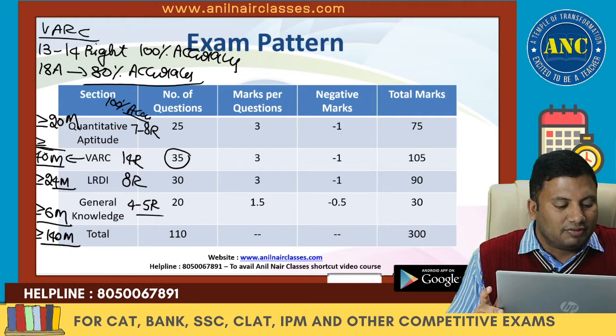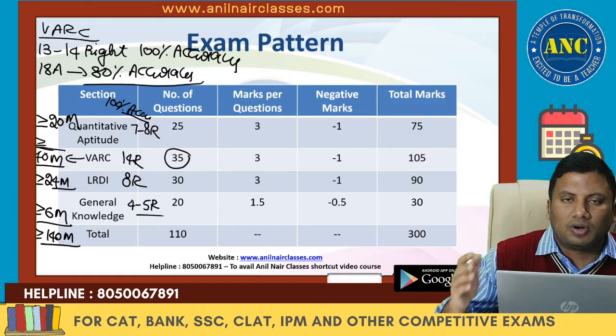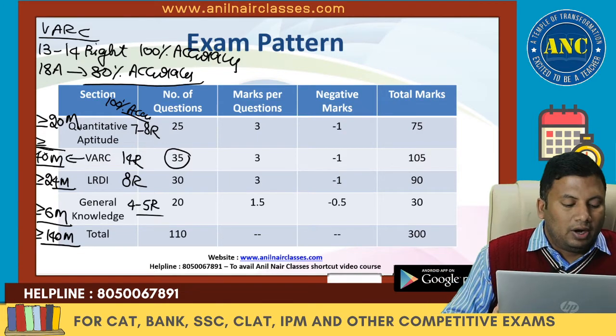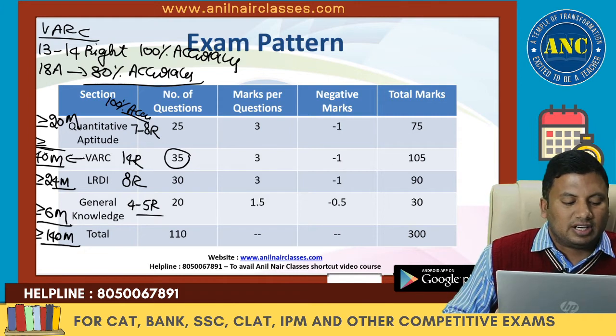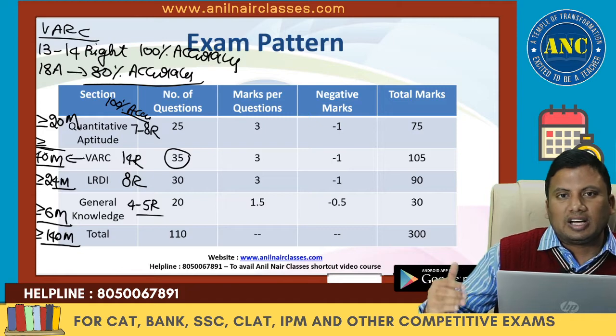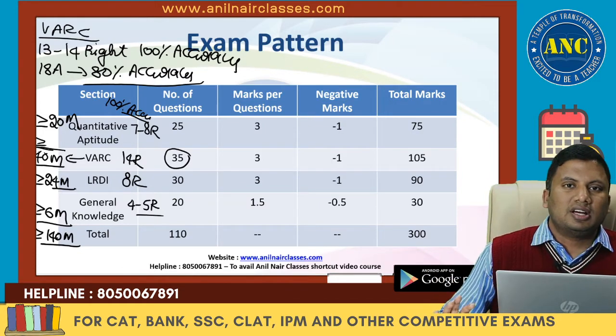If you increase your number of attempts, your accuracy may go down, but ensure that your number of attempts never goes below this, with 100% accuracy, or increase the number of attempts by 30-40% with 90% accuracy. Still you are on the safer side.